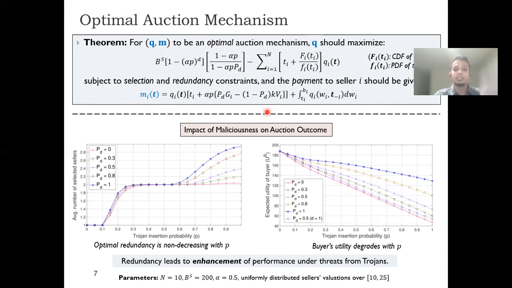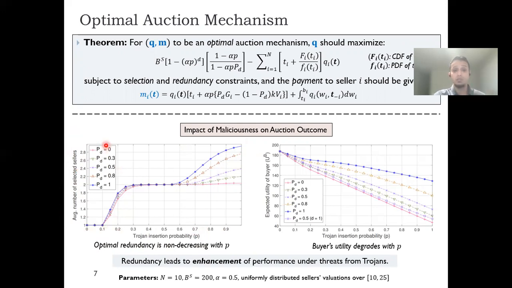Now, let's see the impact of maliciousness on the auction outcome. What we have plotted is the average number of selected sellers versus the Trojan insertion probability P. What we are able to see is that as we increase the Trojan insertion probability, the average number of sellers selected increases.